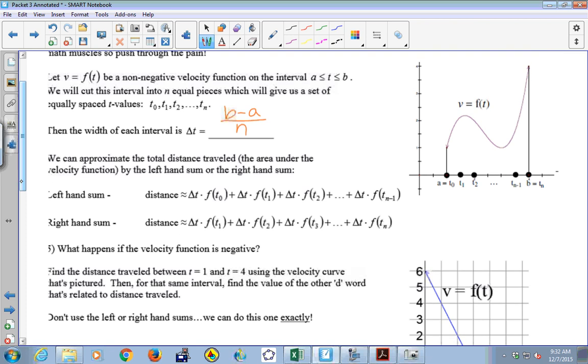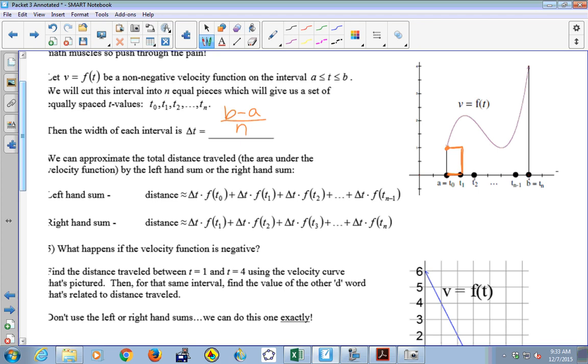So if I want to use the left-hand endpoint to estimate distance traveled, let's look at this first interval, T0 to T1. I'm going to use the left endpoint of that interval to come up with a speed that I can assume this zombie was running at for the entire interval. So I'm just going to use the left endpoint. Okay.